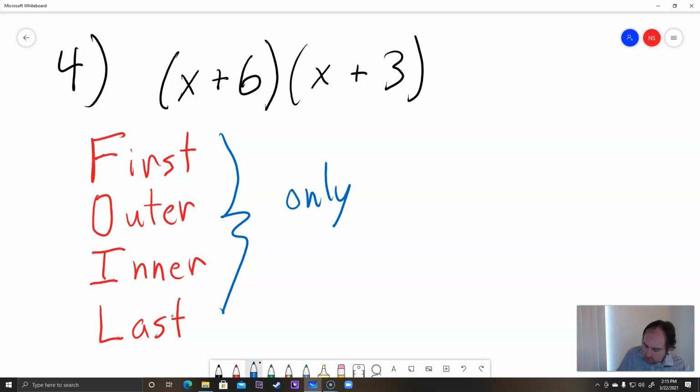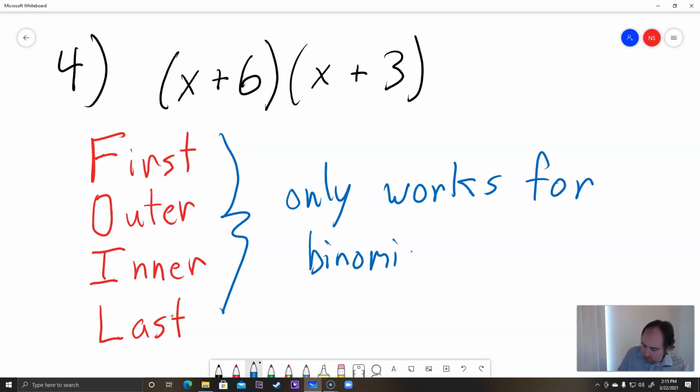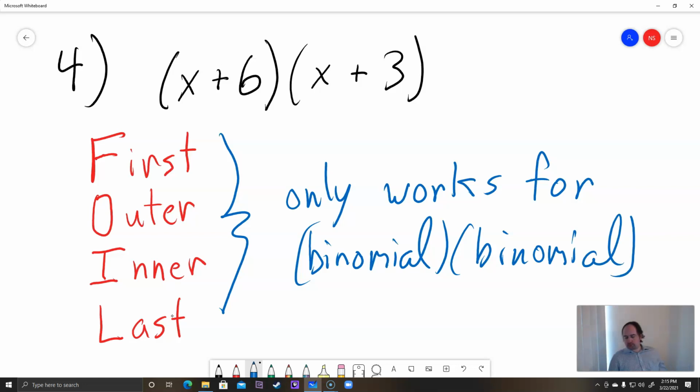So it only works for a binomial times another binomial. I wrote binomial with parentheses around it, binomial, to mean a binomial times another binomial.